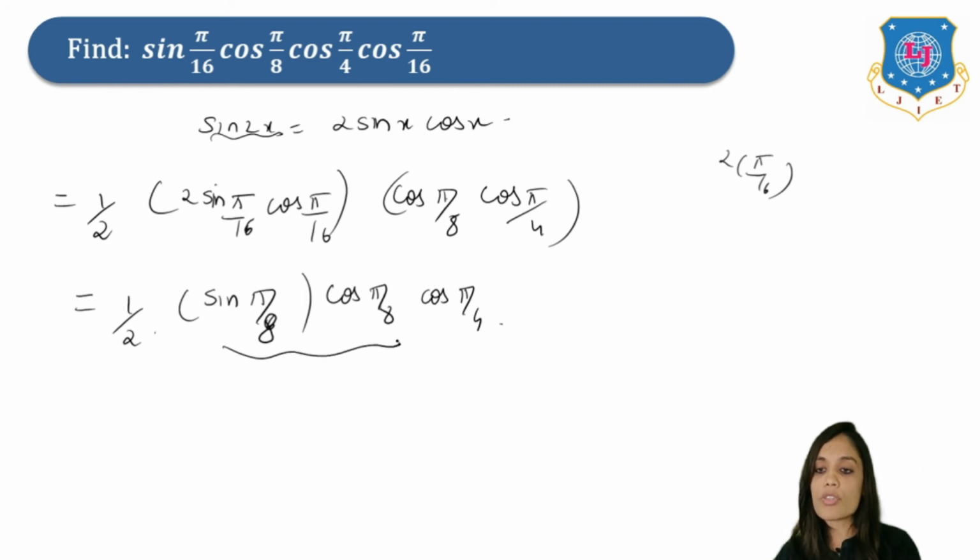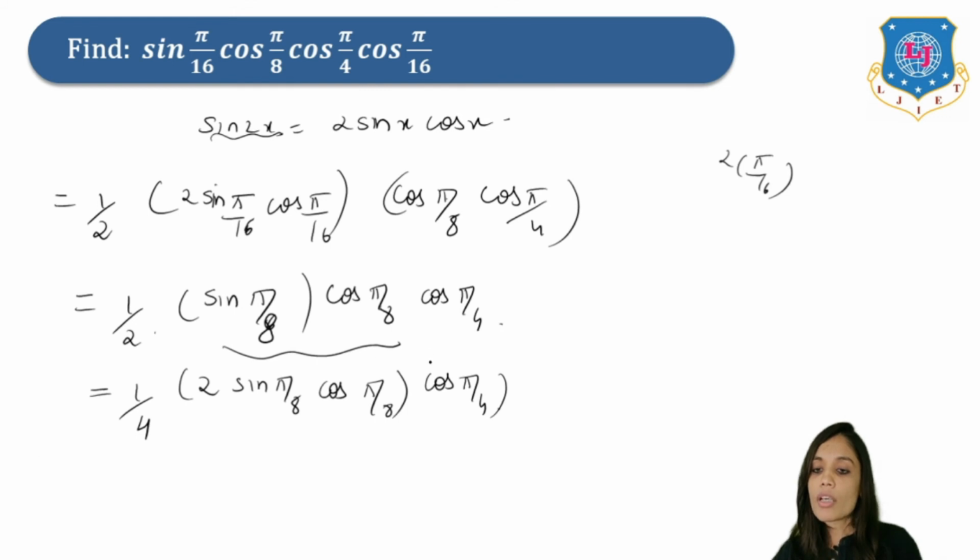Again let us bring these together and multiply and divide by 2. So I will have 1 upon 4 times 2 times sine pi by 8 cos pi by 8 into cos pi by 4. Fine. Now again use the formula of sine 2x. So this will become sine pi by 4 into cos pi by 4.